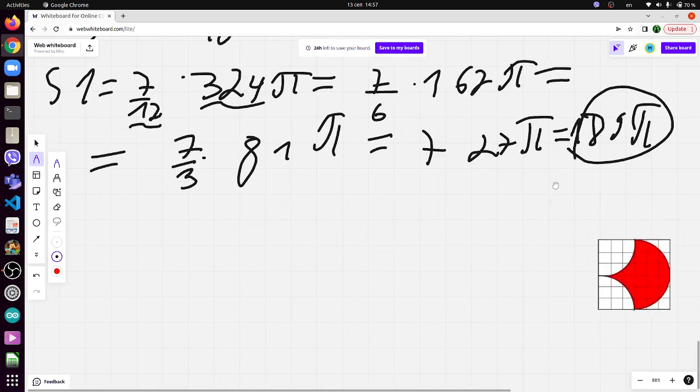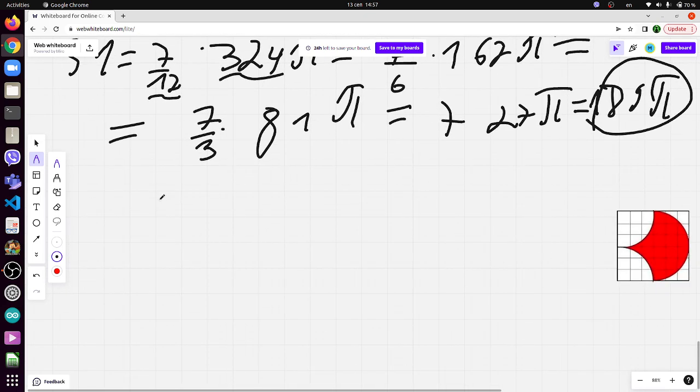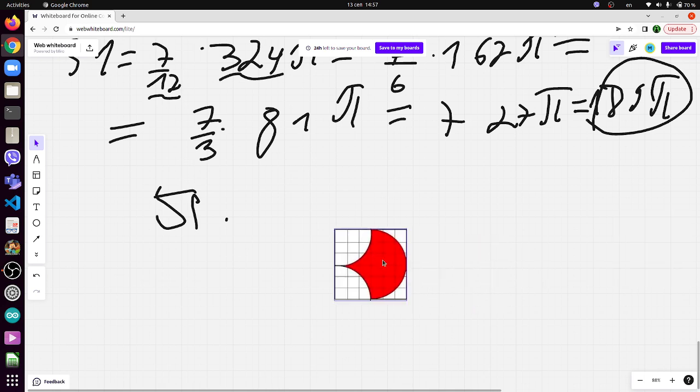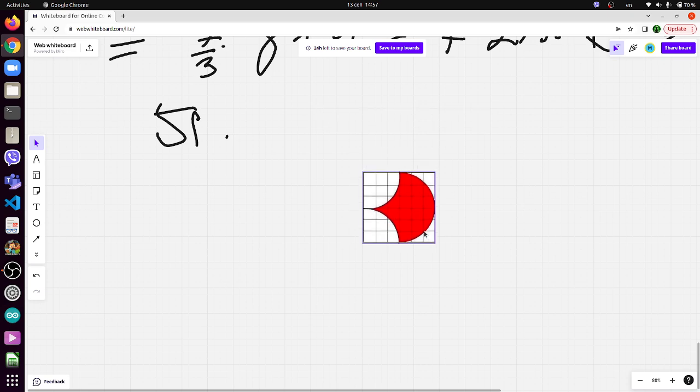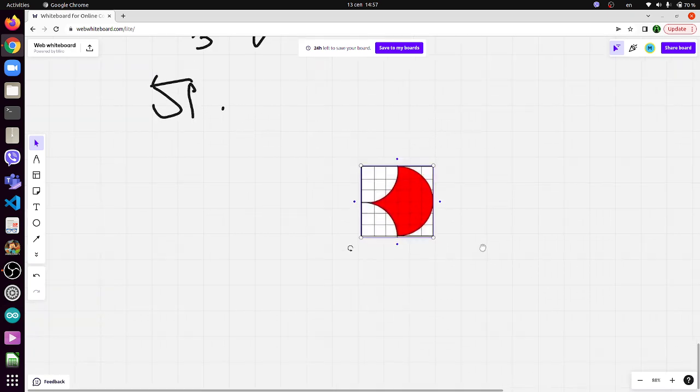So we got to the final problem, the fifth problem, which is probably the hardest, because we need to find the area of the red region. So how to find it?